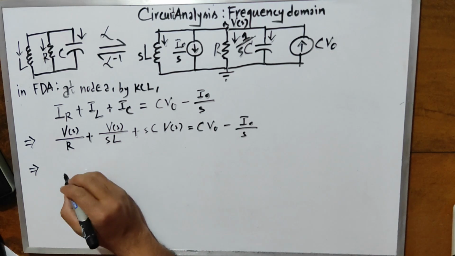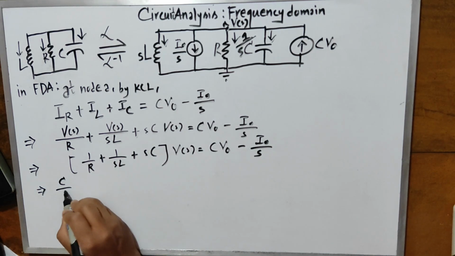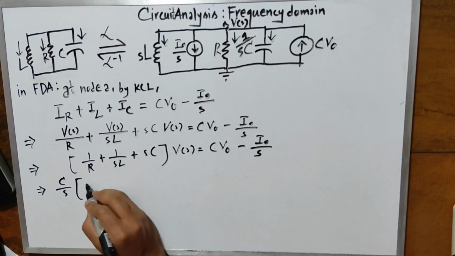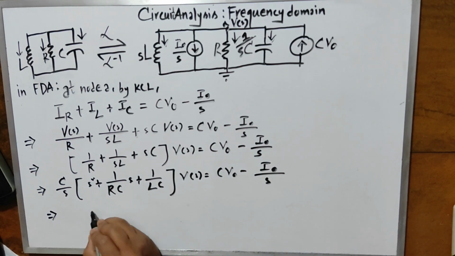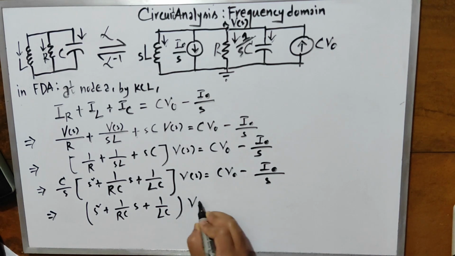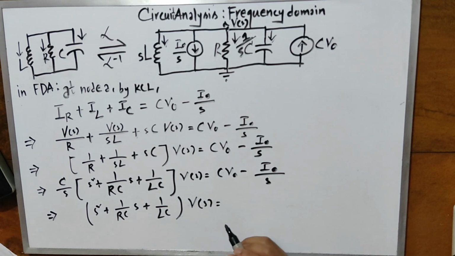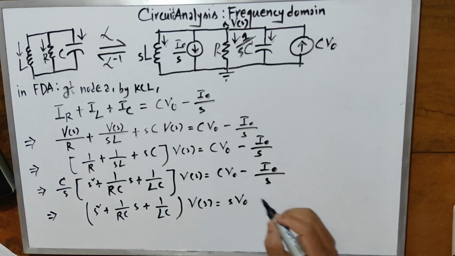If I take the common Vs out, and take C by S common from this, it will look like S square plus 1 by RCS plus 1 by LC, times the node voltage. Taking this C by S to the right hand side will make the right hand side SVO minus IO by C.